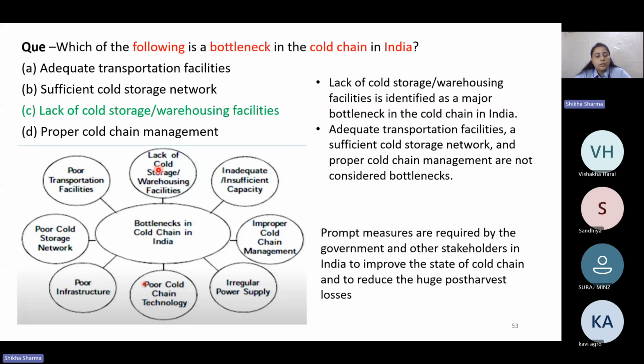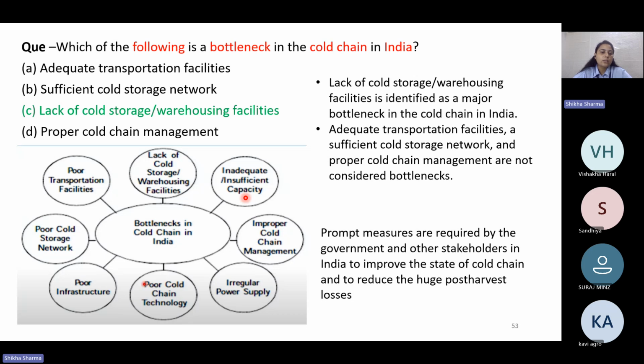So there are different challenges in the cold chain industry in India. The infrastructure is not good. The cold chain technology is also not good, and the power supply is irregular. There is improper cold chain management, and inadequate or insufficient capacity.